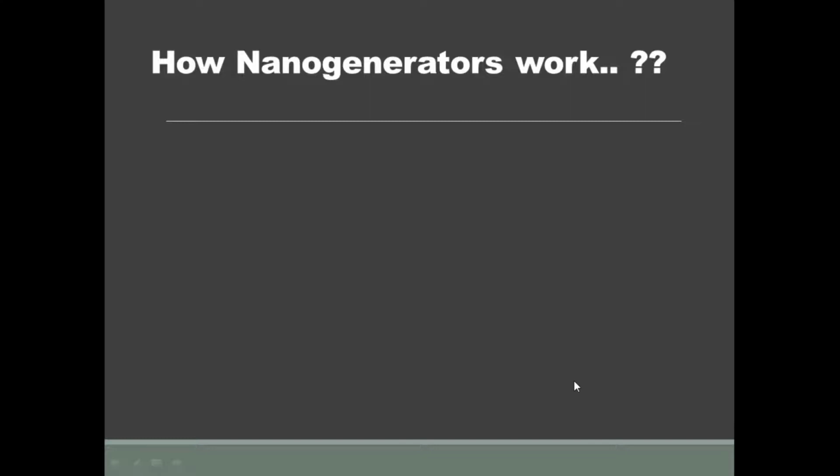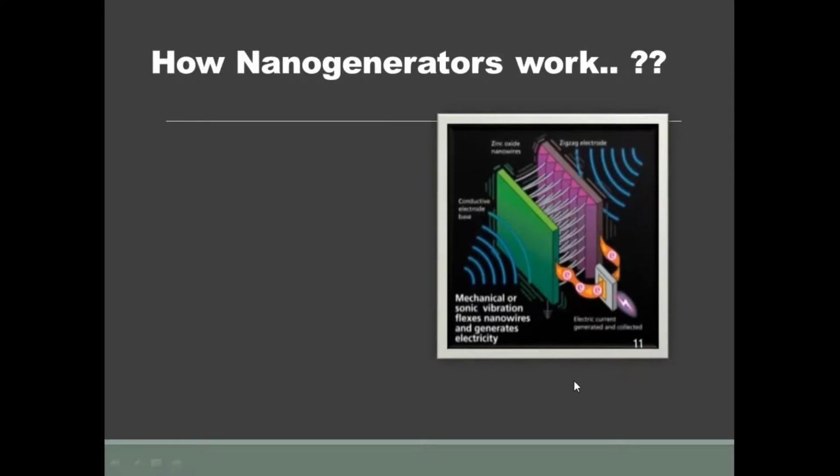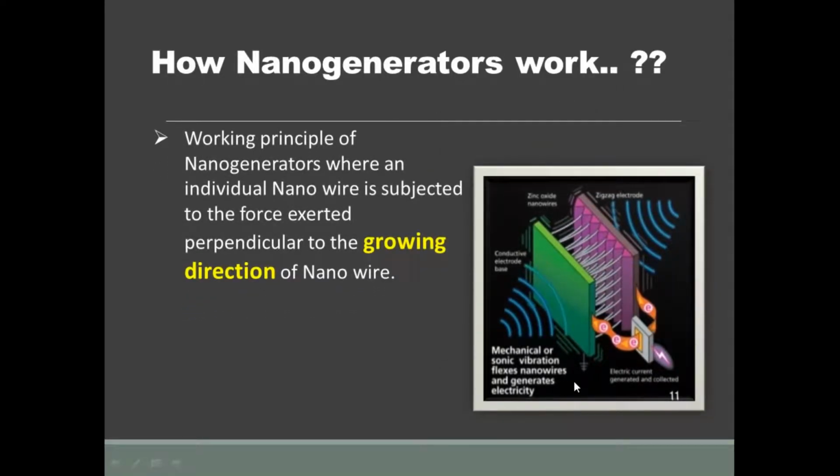So how do nanogenerators work? They work on the principle where an individual nanowire is subjected to a force exerted perpendicular to the growing direction of the nanowires. Here we can see from this figure that the nanowire is being compressed from both sides, so the force is exerted perpendicular to the growing direction.